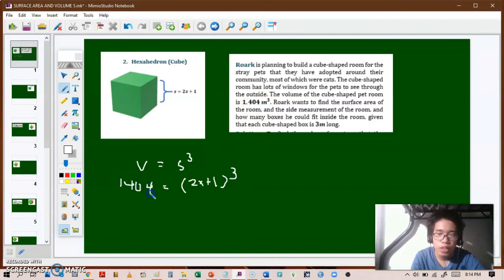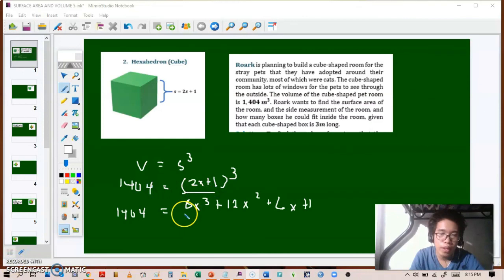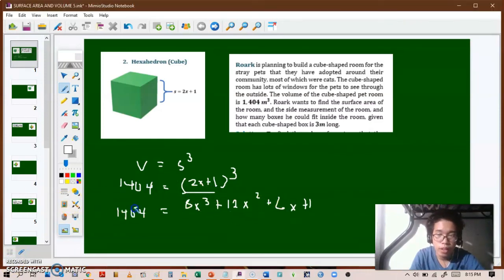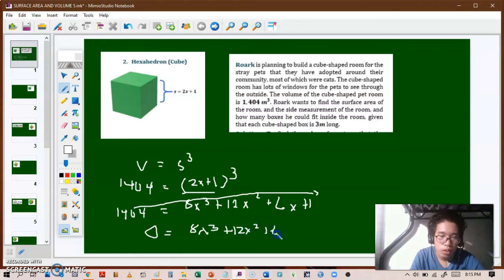From here we can cube this binomial, and its cube is 8x cubed plus 12x squared plus 6x plus 1. And then from there we transfer 1404 to the other side through the addition property of equality. We get 0 is equal to 8x cubed plus 12x squared plus 6x plus 1 minus 1404, so that's going to be negative 1403.